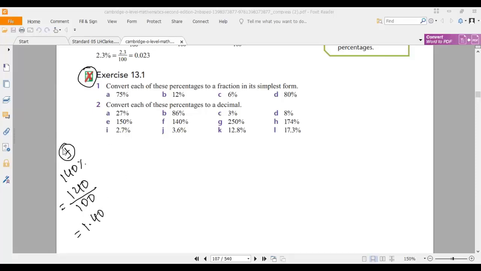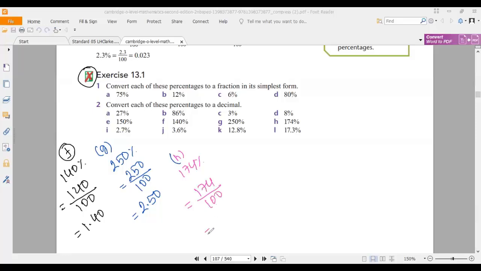Now, G. G says 250%. 250% can be written as 250 by 100 or 2.50 because we are dividing by 100, so we have to put a point before 2 digits. 1, 2, 2 digits. Now, question number 8 says 174%. That is 174 by 100 or we can write 1.74.